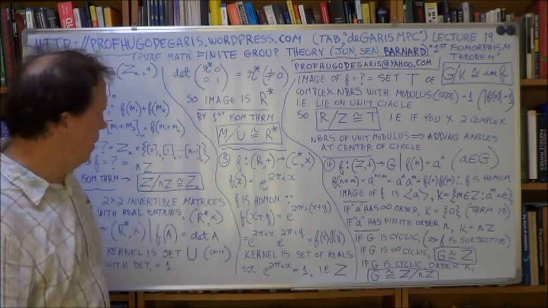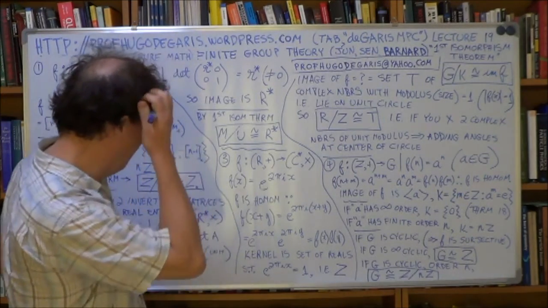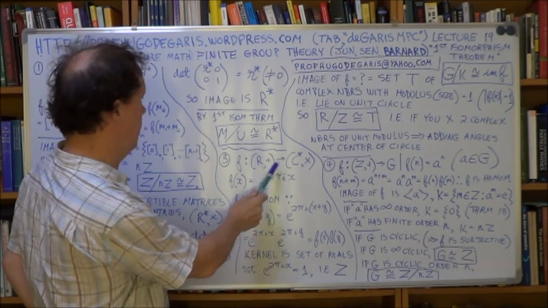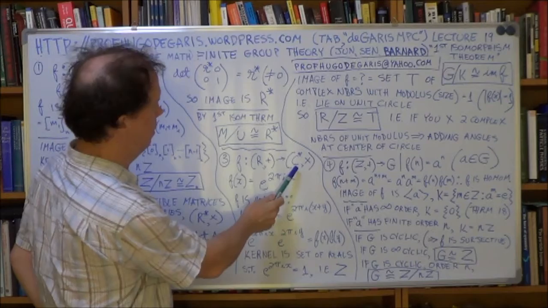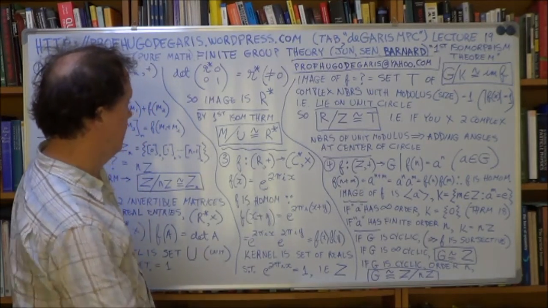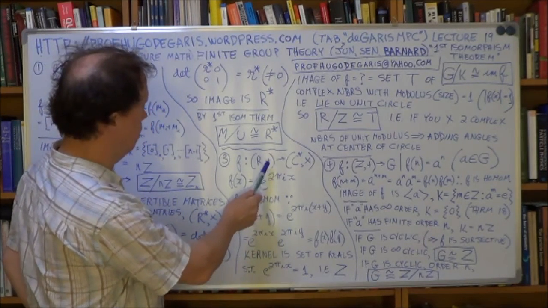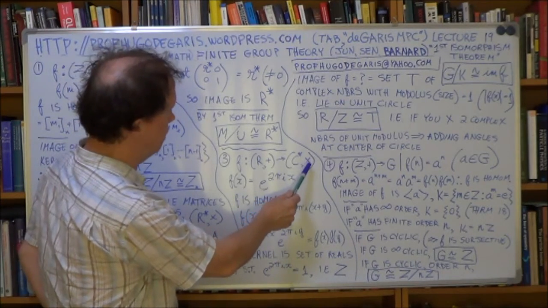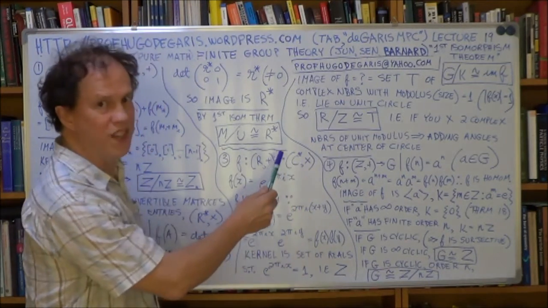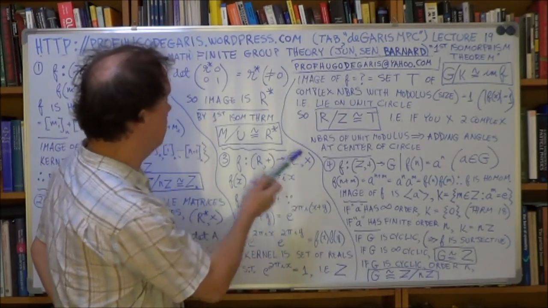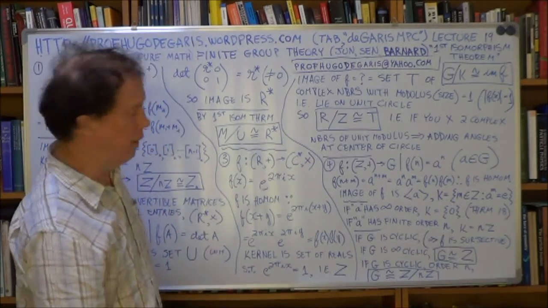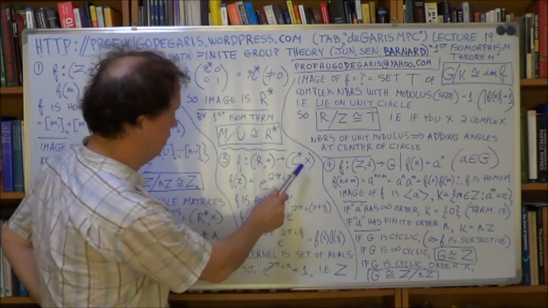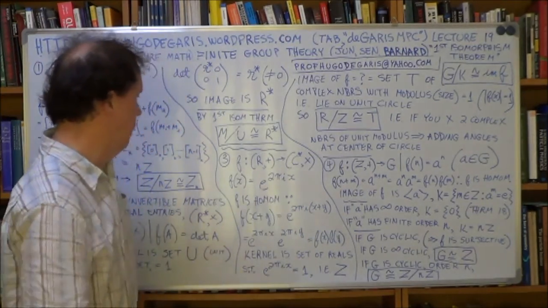Okay, third example. What are we doing here? We're mapping real numbers into non-zero complex numbers. The binary operation for the first group, big G, is addition. The binary operation for the second group, group H if you like, is complex number multiplication, because we're talking in the context of complex numbers.